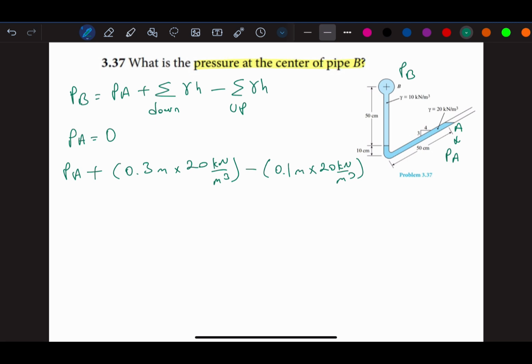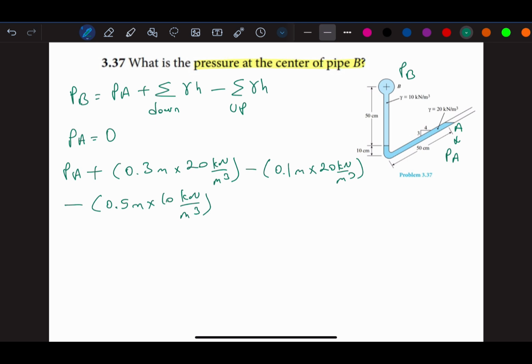And let's keep going from this level to pressure B. So we will have minus because we are going up, and the height is 0.5 meters times 10 kilonewton over cubic meter.